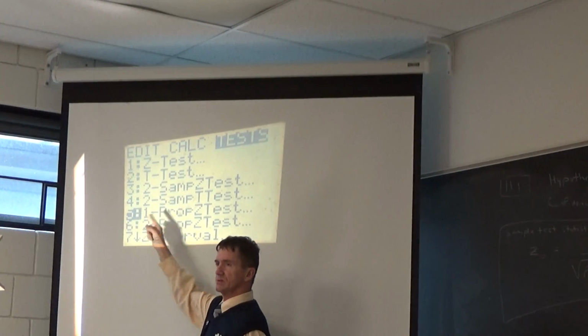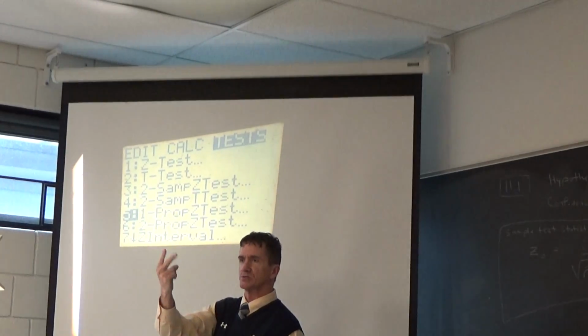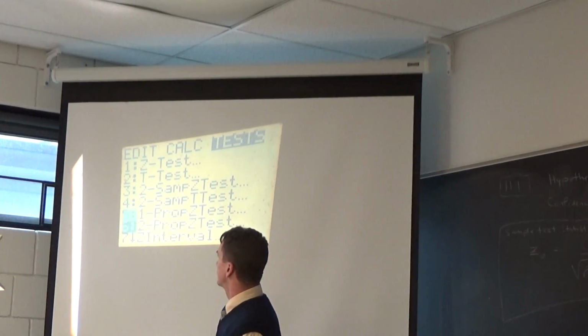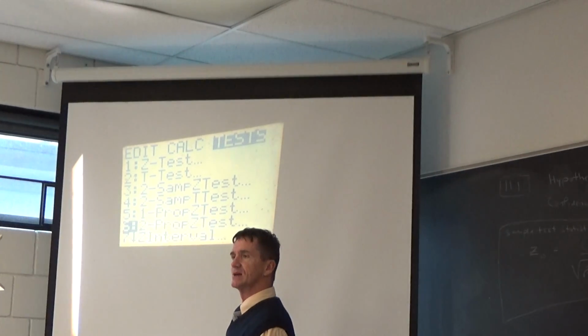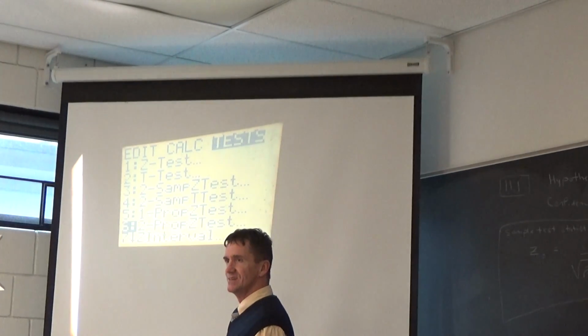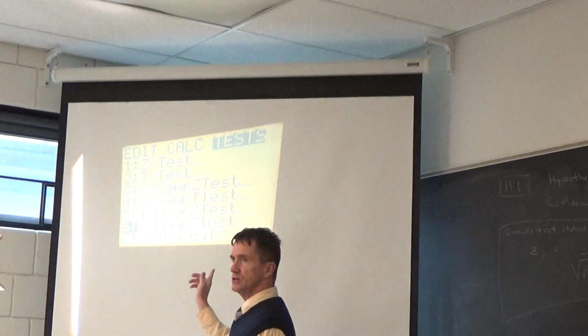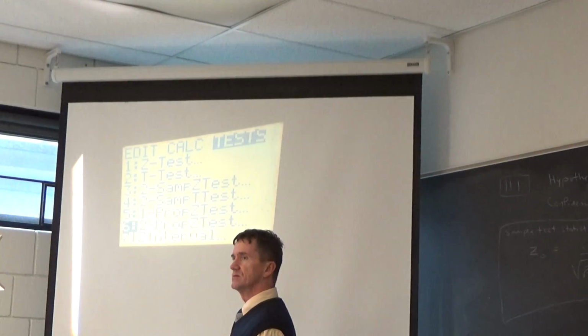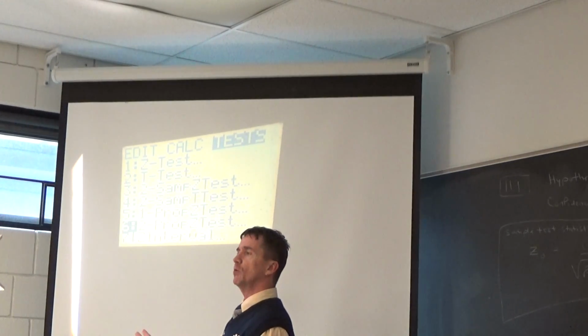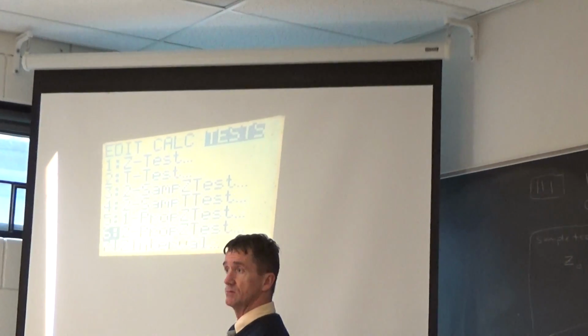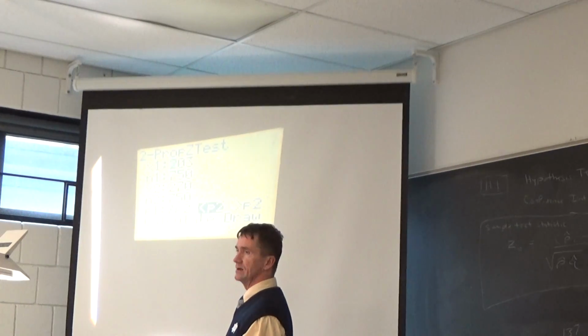One proportion has 1; this has 2. Two proportions. So we're going to use the two-prop z test. When you see the setup, you're going to know exactly what to type in. It's number 6. In 11.1, I use number 6 every time. And I hit it.